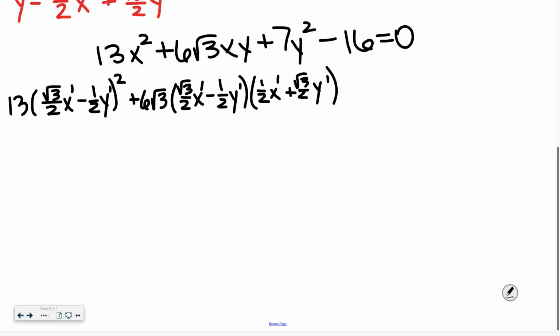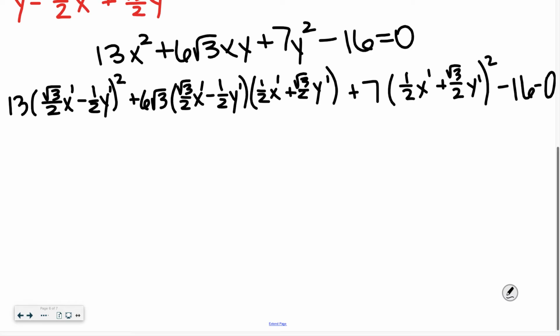Okay? Then we have plus 7y squared. So I'm going to replace y and it's squared. Okay, when you have this written down, drop your pencil, look up here.